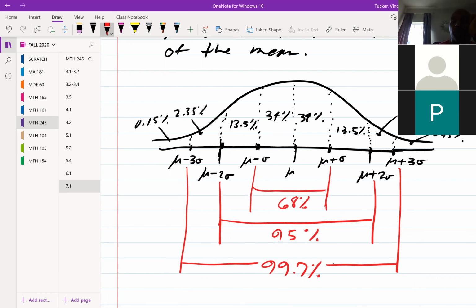That's your empirical rule. This is just a diagram that reemphasizes the three statements that came before the diagram. 68% of your data is within one standard deviation of your mean, 95% two standard deviations, and then 99.7% is within three standard deviations.